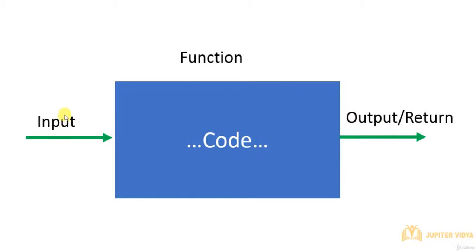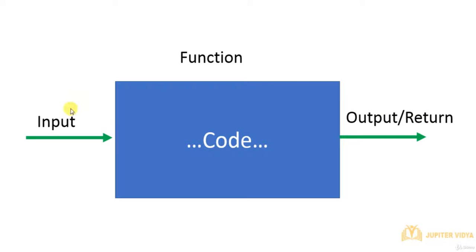Here a function will take input, so it is optional. It can take input or it may not. Then it will process that input and do some functionality, some task here, and then return some value. So that is known as output or return value.